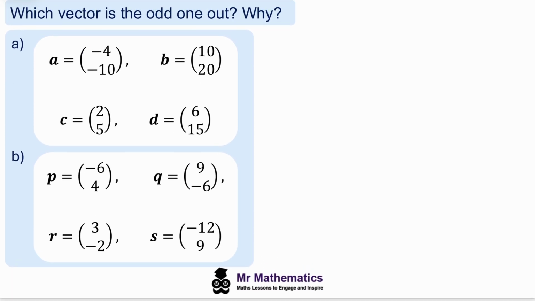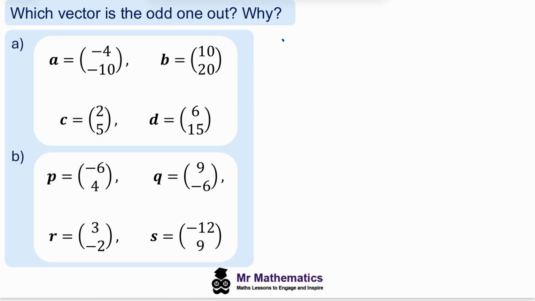So now we've been given 4 vectors, A, B, C, and D. And we're told that one of them is the odd one out, and we need to look at why. Well, the best thing we can do is if we try and simplify each of these vectors, we'll take out the highest common factor every time.